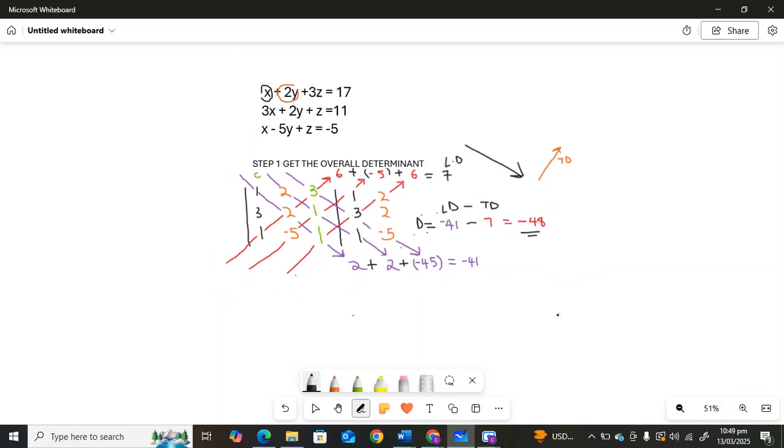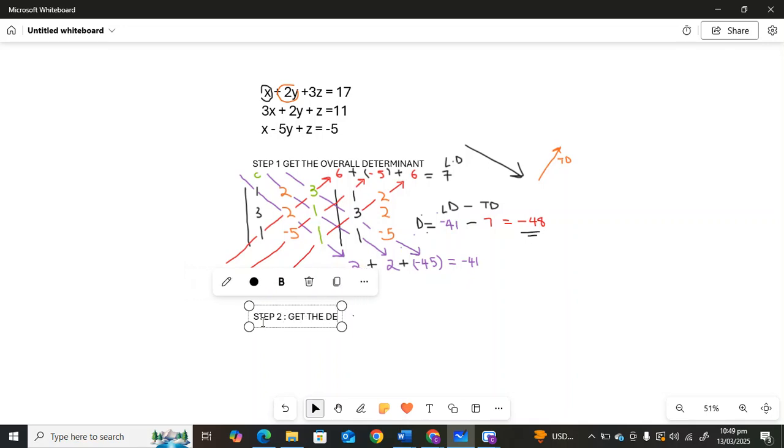That is step 1. Step 2, get the determinant for x.